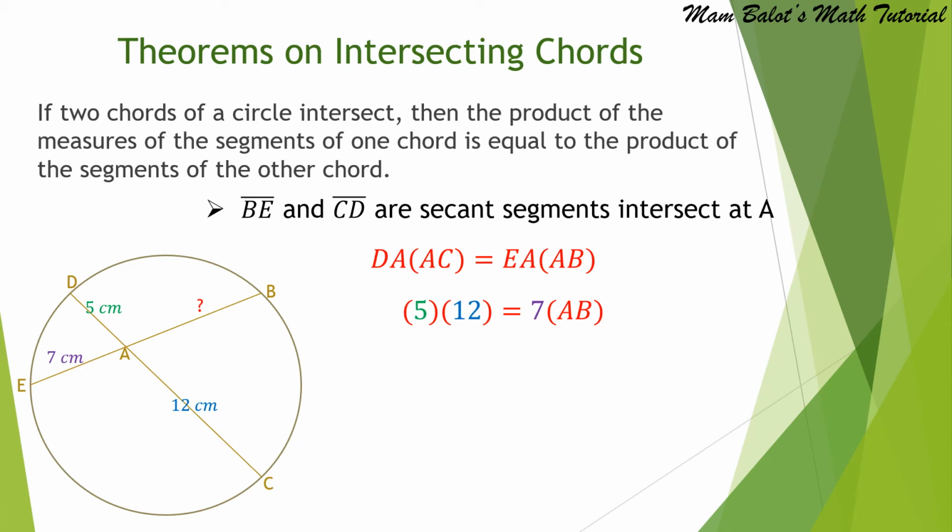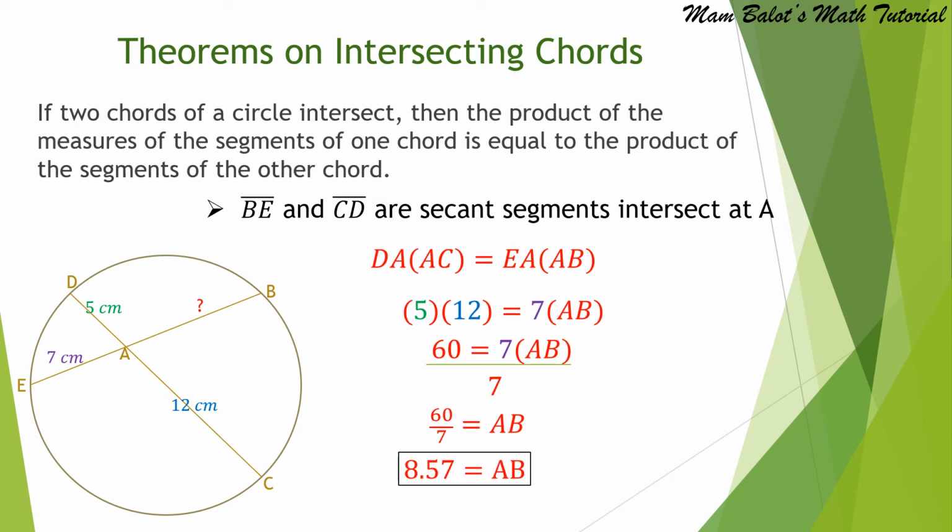So multiplying 5 times 12, we have 60 equals 7 times AB. So to solve for the length of AB, we need to divide the whole equation by 7. So we have now AB is equal to 60 over 7, or equivalently, this is equal to 8.57 centimeters.